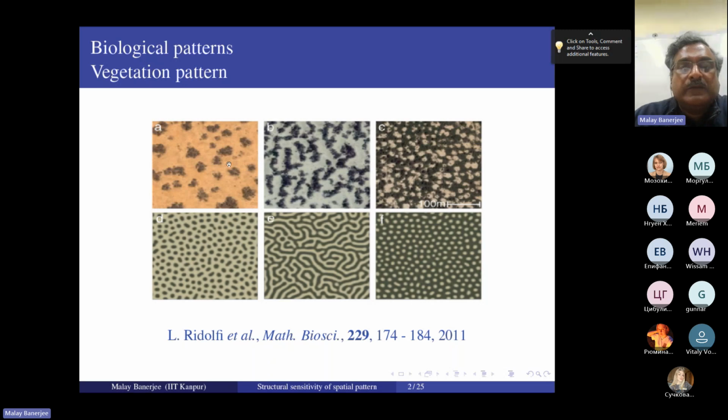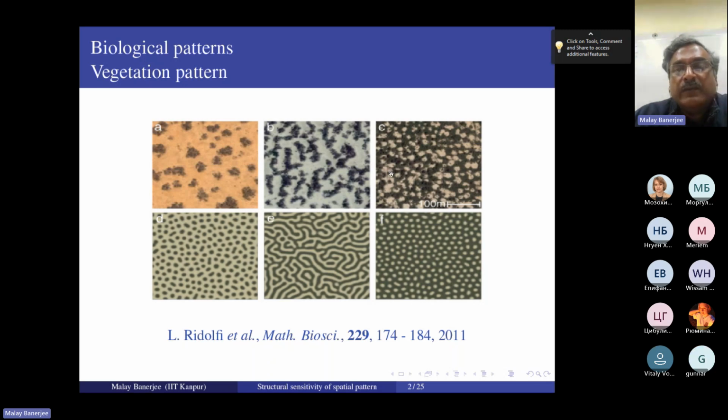For the second one, you can see some spots, and here the spots are due to the absence of the biomass. That is why this is called a hotspot pattern, because the spots are generated due to the high concentration of the population, and here the spot is due to the absence of the population.